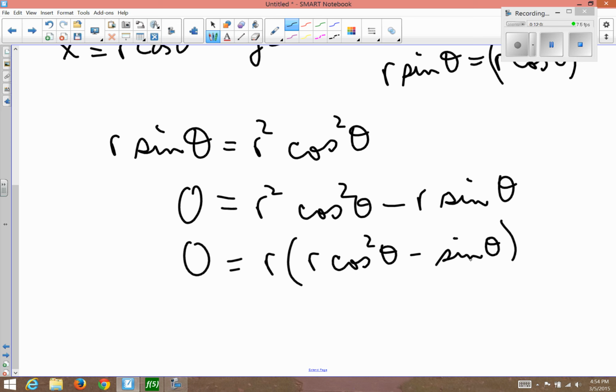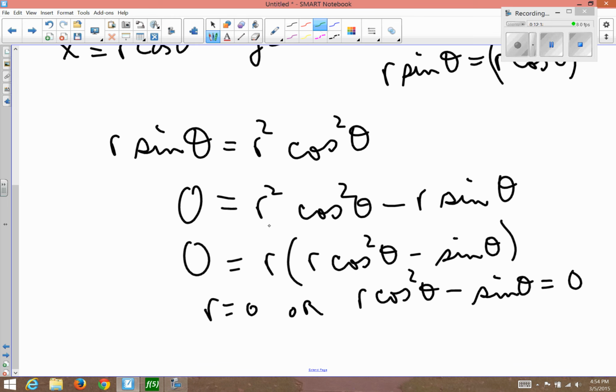If something times something equals 0, one of these has to equal 0. Either this has to equal 0, or this has to equal 0. Otherwise, how could this times this equal 0?